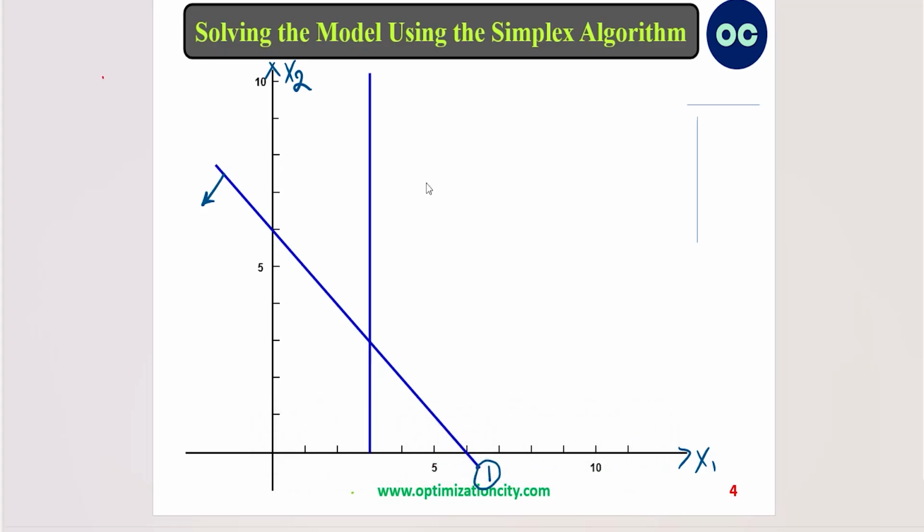The feasible region is to the right of this line. So this is constraint number 2, and this is the feasible region.